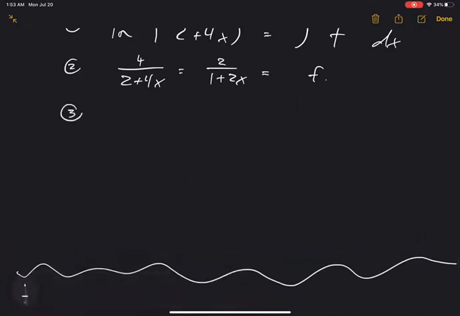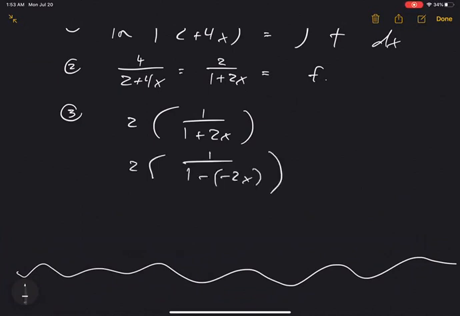Step 3. Okay, so this is my f. I want to find a power series for it. What's the power series for that thing? Now this is something I can work with easily. Let's again rewrite things. Remember, I'm just comparing to the power series for 1 over 1 minus x.